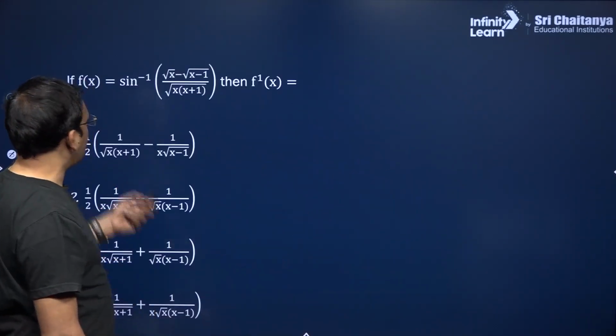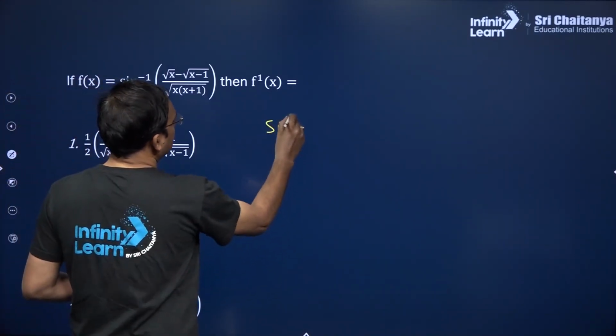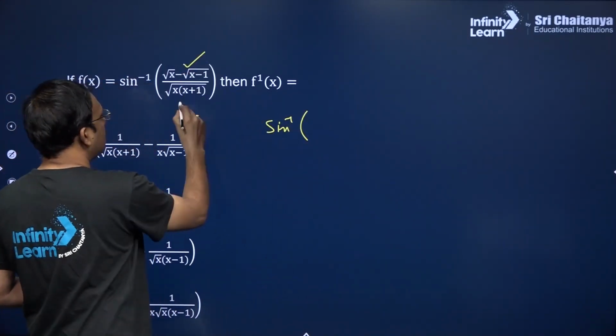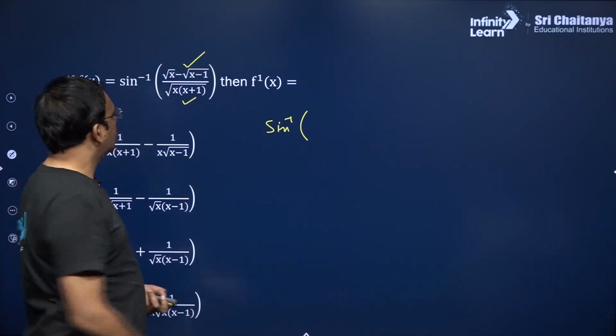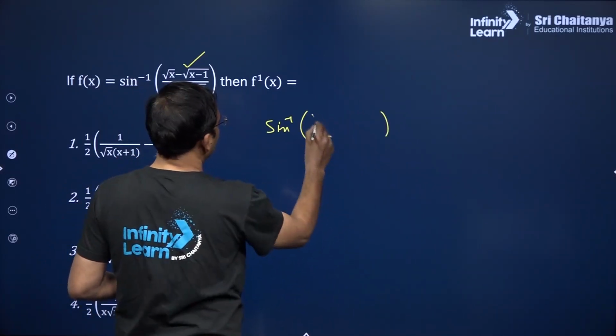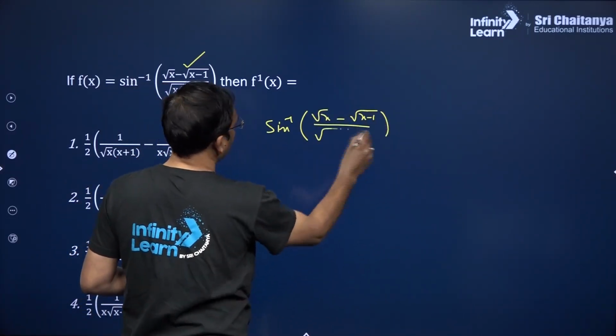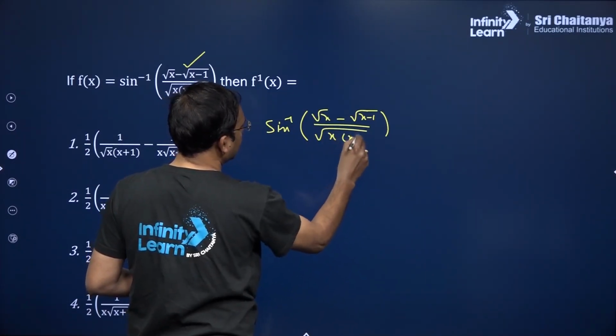Next, you see sine inverse of, this function can be simplified. This is opposite side by hypotenuse kind of, so definitely it is positive. So you try to write the same expression, root x minus 1 by root of x into x plus 1.